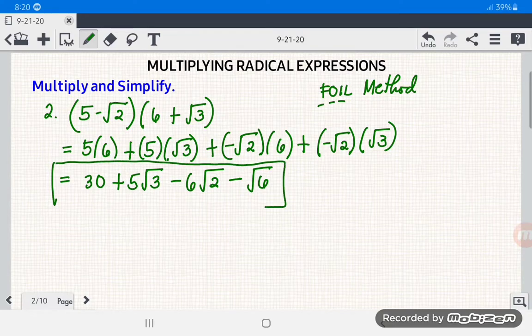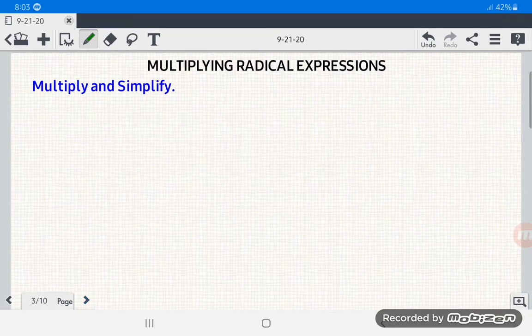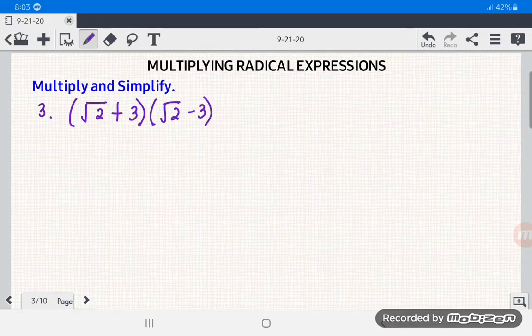Number 3, let's say we have square root of 2 plus 3, times square root of 2 minus 3. Notice that we have here two binomials. For the first binomial, the first term is square root of 2.